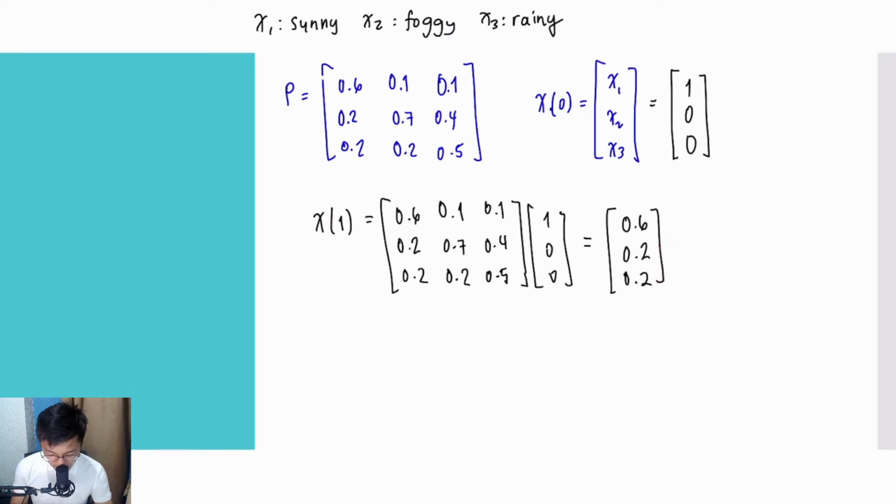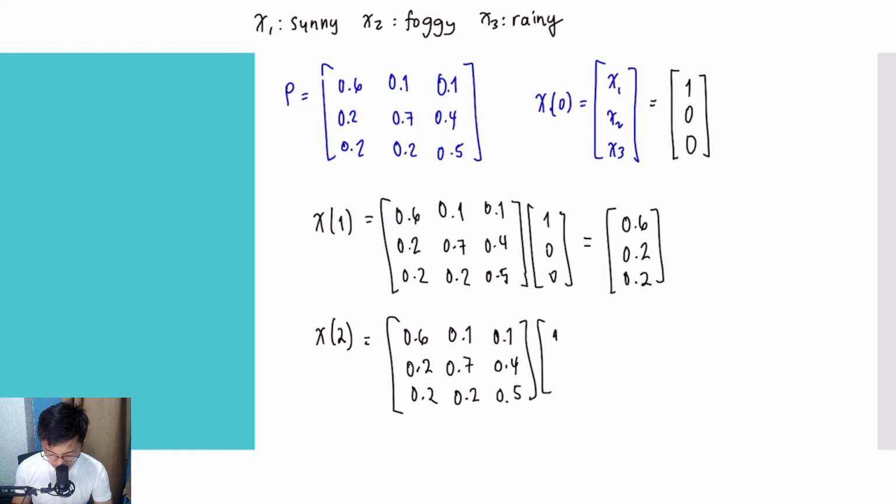Okay, let's observe what will happen in a 1 week period. So x of 2, so to get the state vector at time equals 2, we will use the same transition matrix. Okay, but now we will use the state vector at time equals 1.